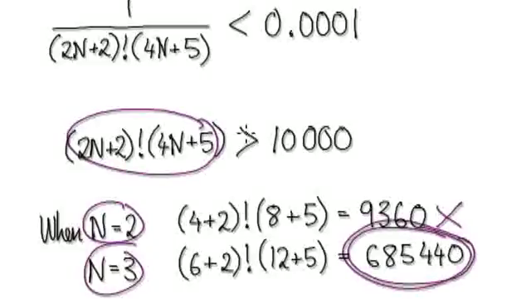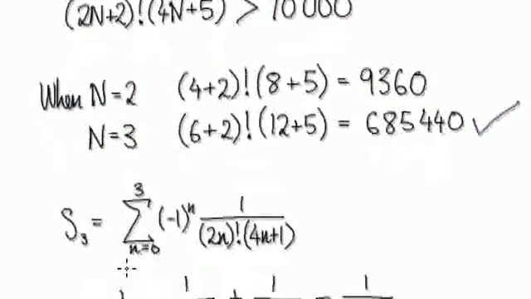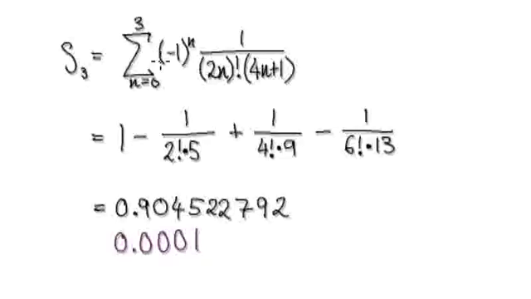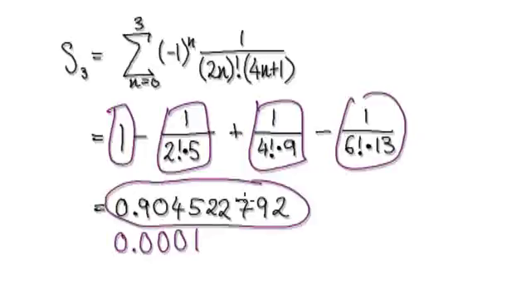Well, this thing here is bigger than 10,000. So this is good. So when n equals 3, meaning we would need 4 terms. We would need 4 terms. 1, 2, 3, 4. Now we can be sure that the area is within our level of accuracy.